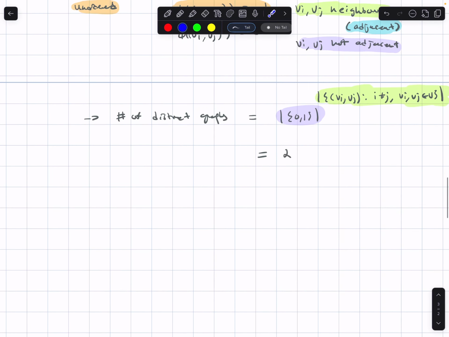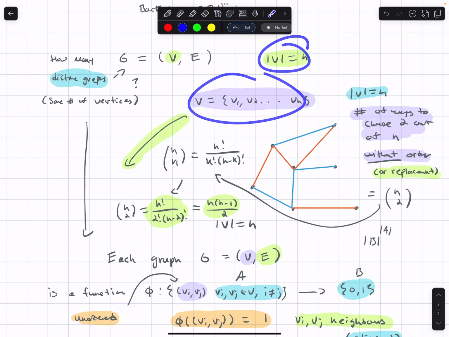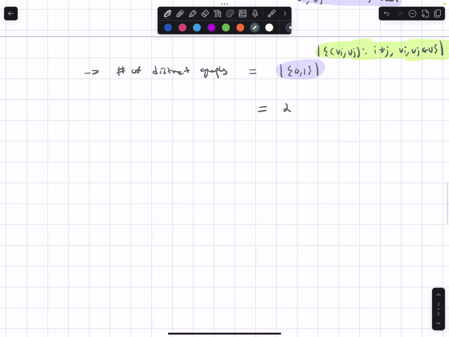So the grand finale, the number of distinct graphs with n vertices is going to be 2 to the power of n times n minus 1 over 2.